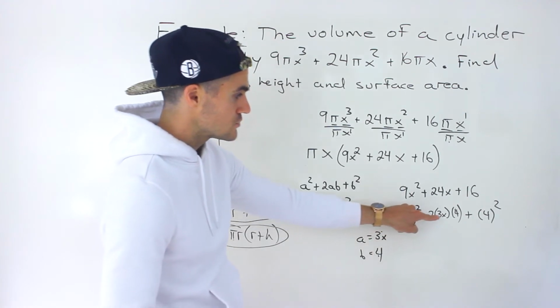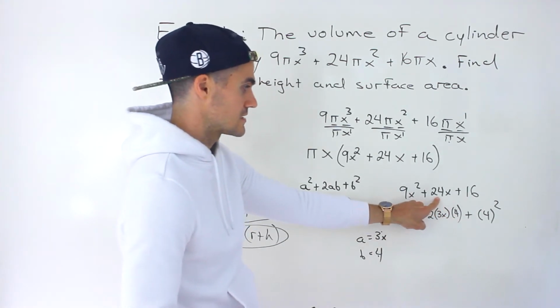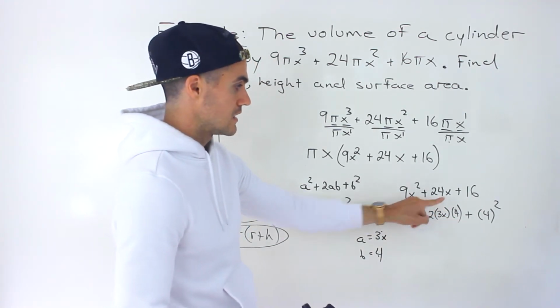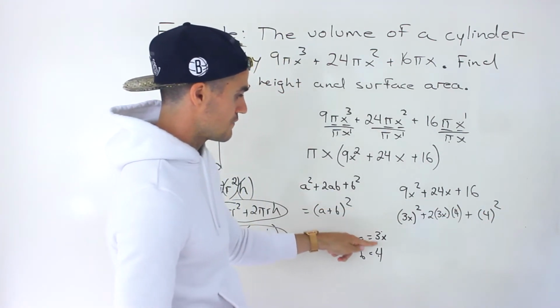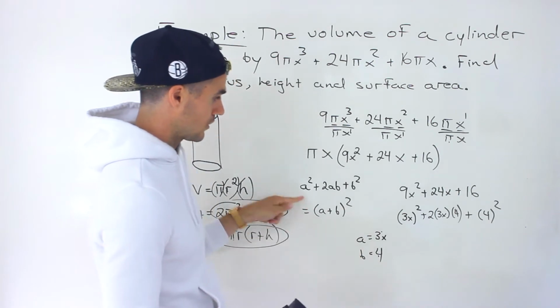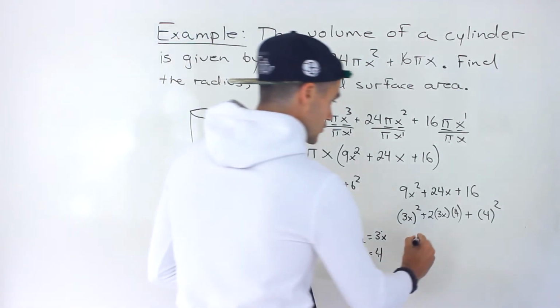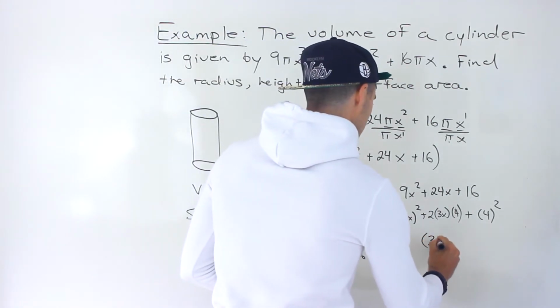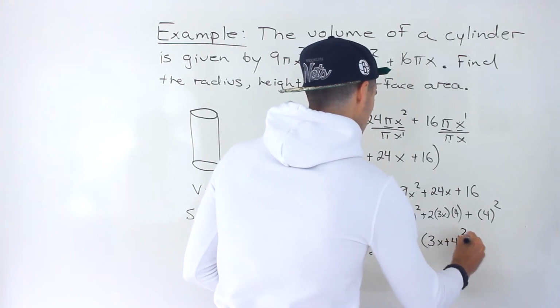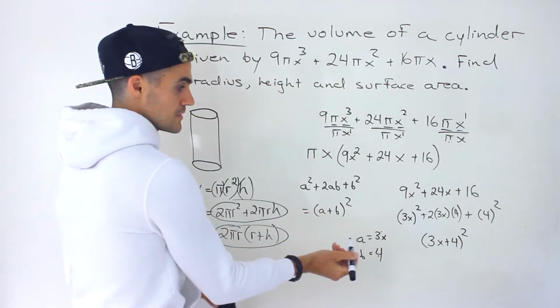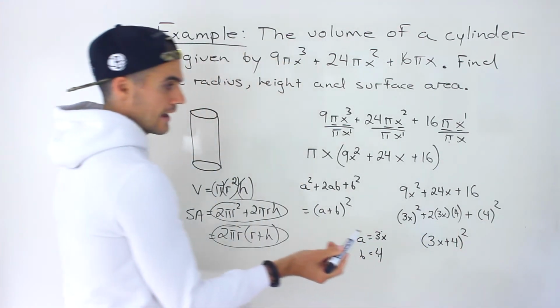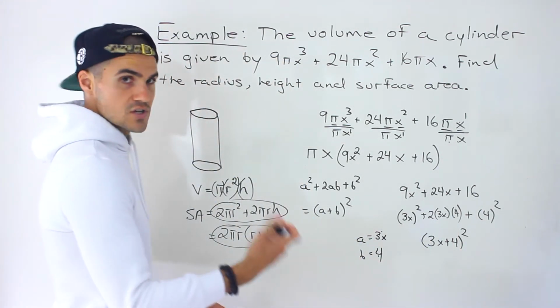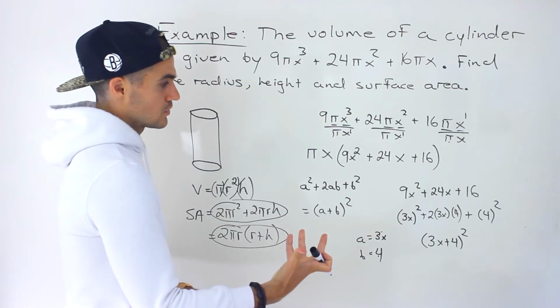And notice that 2 times 3x times 4 does indeed give us 24x. So because this format holds, where this a value is 3x and this b value is 4, it means that it's a perfect square trinomial, and it's going to factor to 3x plus 4 squared. A plus b, which is 3x and 4 respectively, you add those, and it's going to be squared. So that's one way to go about it.